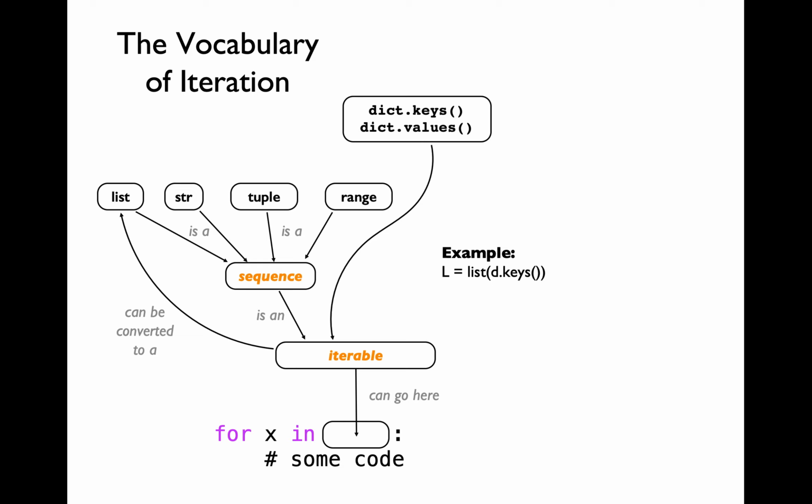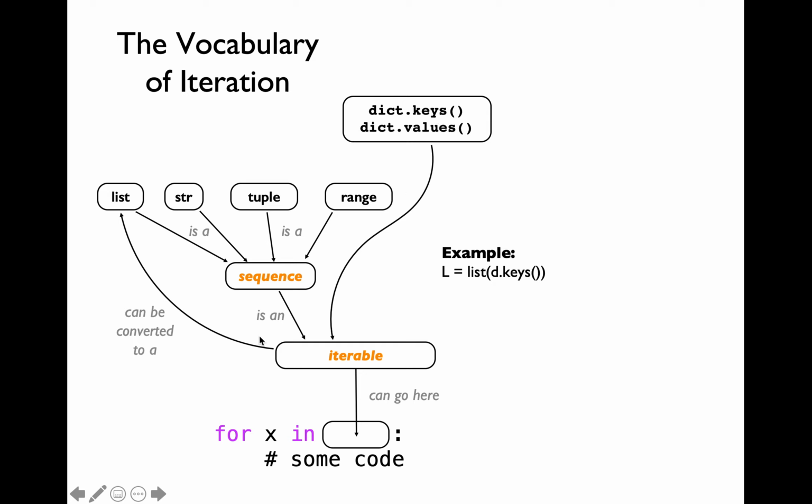Why exactly are these two functions not returning a sequence? That's because you can iterate over whatever is being returned from keys and values, but you can't do other sequence operations like slicing or indexing on whatever is being returned by the dictionary.keys and dictionary.values function calls.